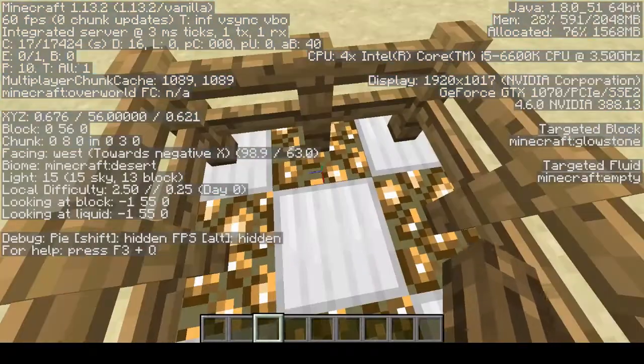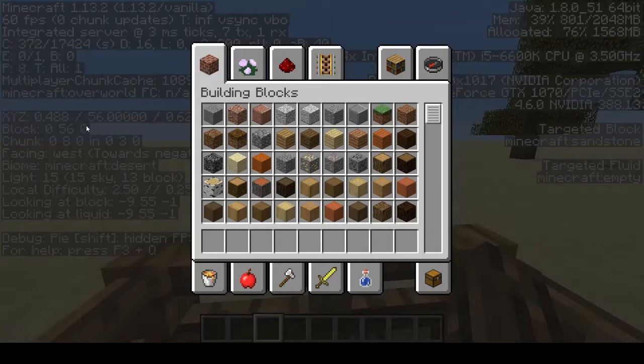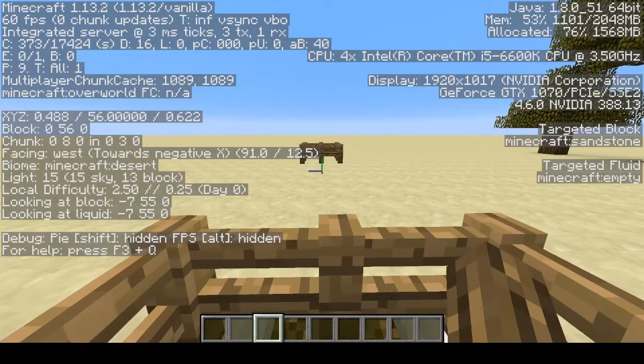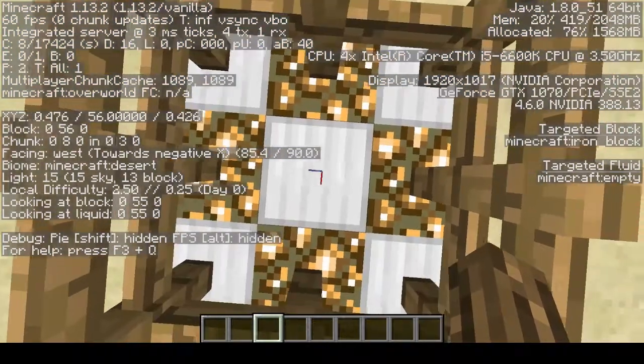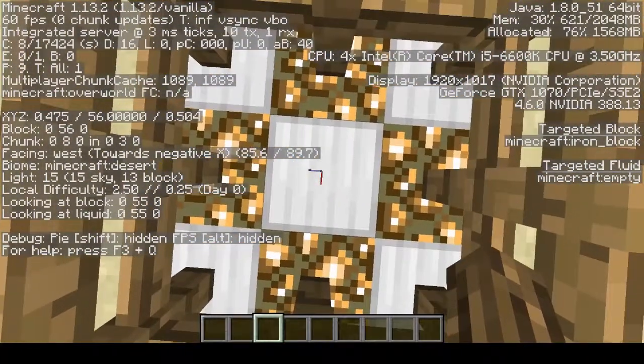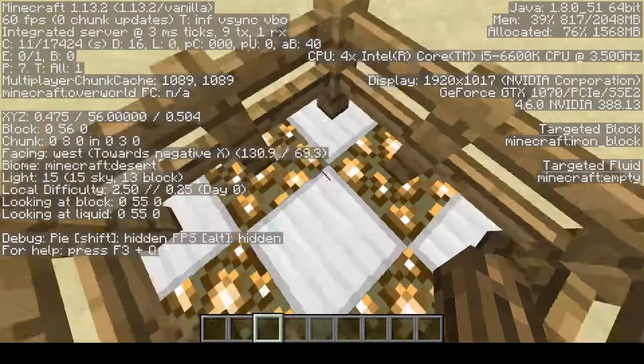Also up here, you can see that the coordinates are not in integers, they are in floating point numbers. That means it saves your position to a degree of precision higher than just an integer. If it was just an integer, then if I moved to the right at all, I wouldn't move within this block, I would move directly to that block.